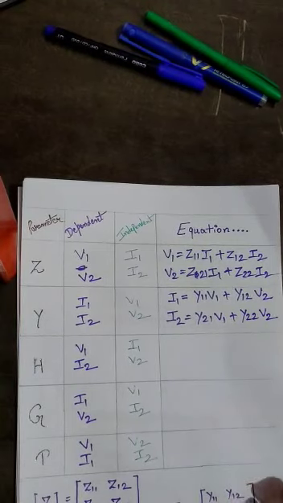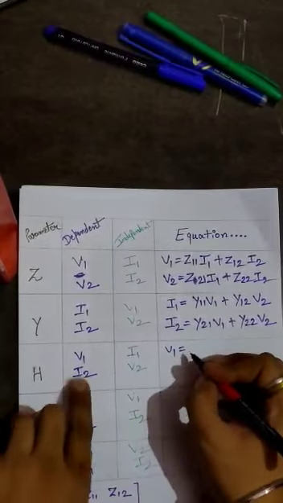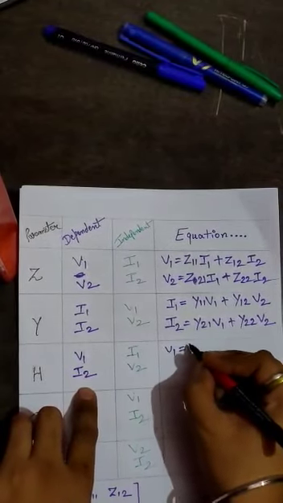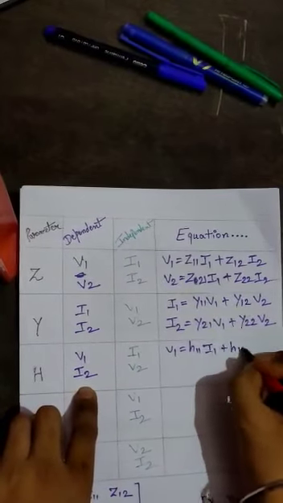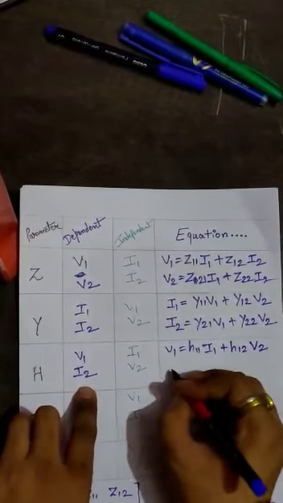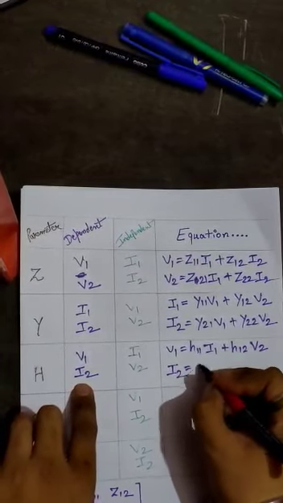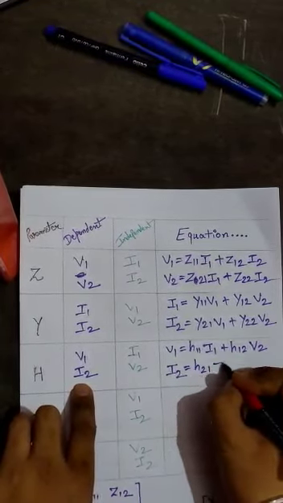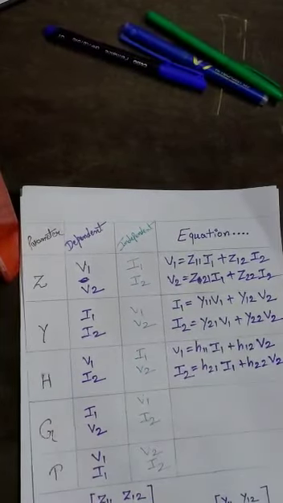Likewise for hybrid: V1, which is dependent, equals H11 I1 plus H12 V2, and I2 equals H21 I1 plus H22 V2.